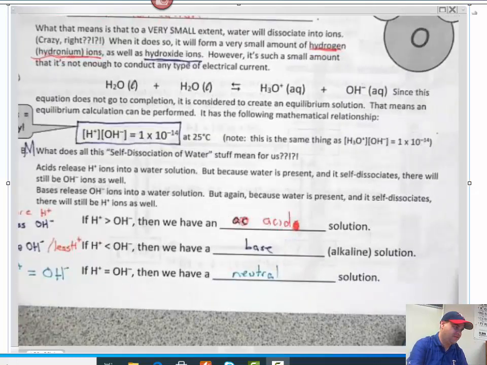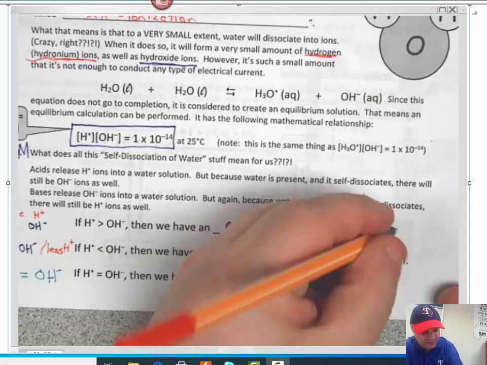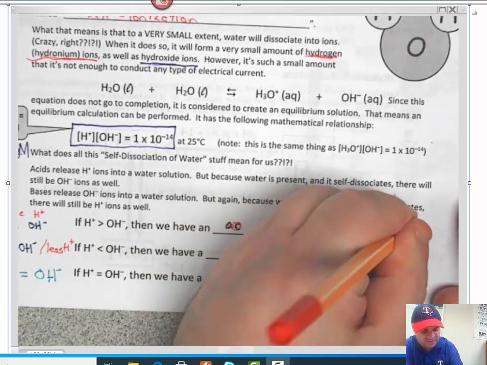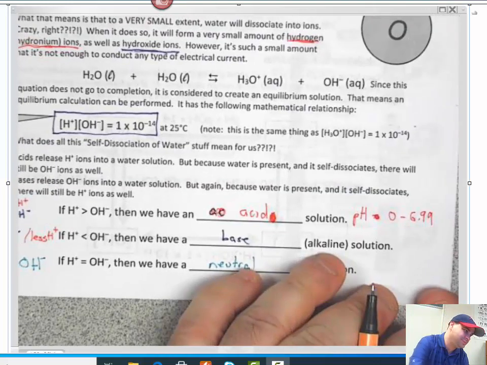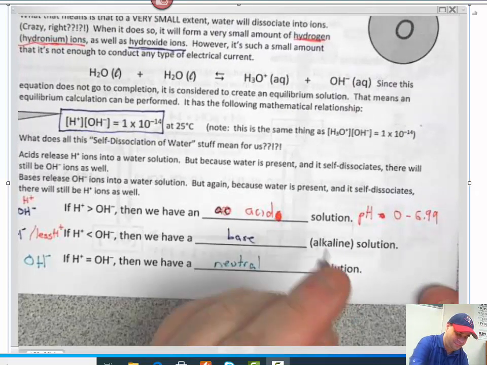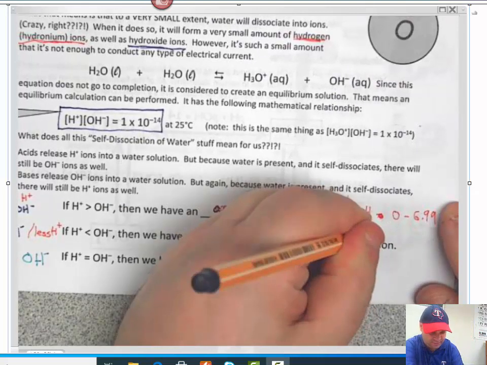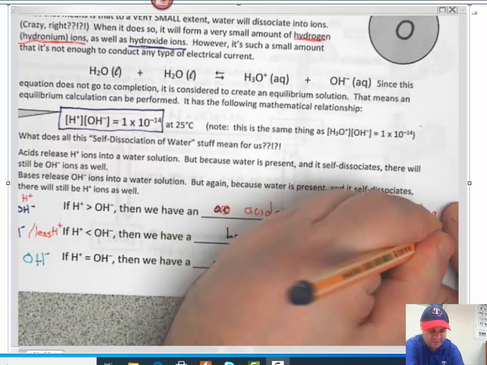Now, how this translates here is if you look at the pH scale, acids have a pH of 0 to 6.99 if you ask Mr. Harrod. Bases have a pH of 7.01 to 14.